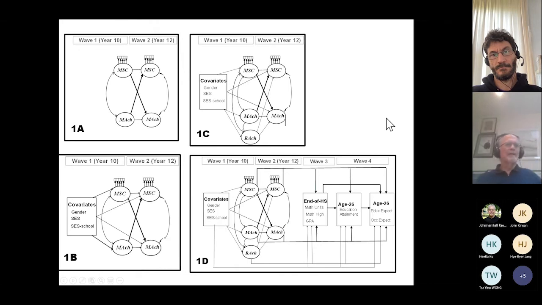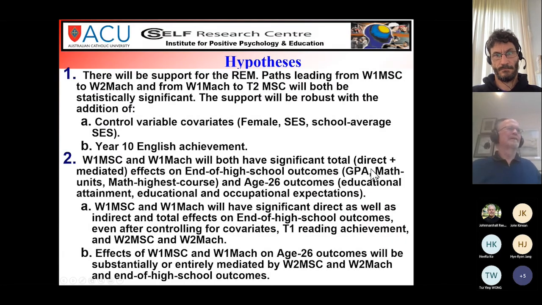All right, so these are the models that I looked at. This is the most simple, basic reciprocal effect model. This is adding covariates. This is adding reading achievement, and this is the full-blown model. So the hypothesis is that there'll be support for the reciprocal effect model, that the cross paths in particular will be significant.